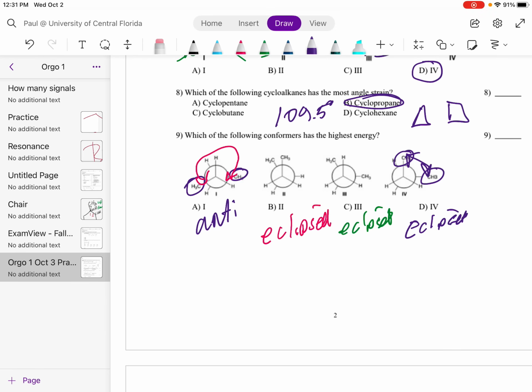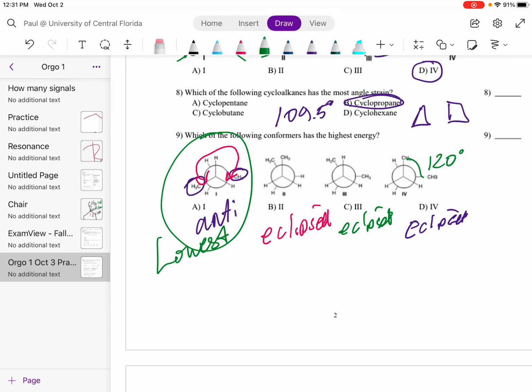Well, let's clean it up. That would be 120 degrees. So based off of this analysis, this guy would be the lowest in energy because the two largest groups are anti.